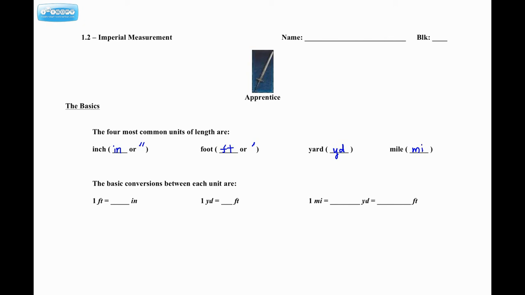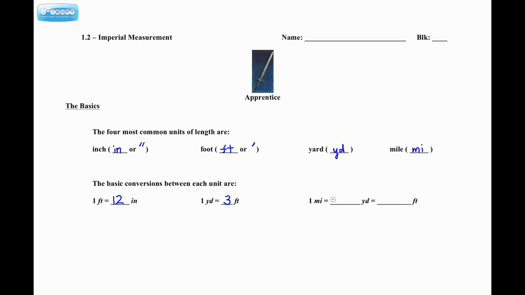Okay. Now, there are some basic conversions. Some of these you should already know. So 1 foot, how many inches? Well, we've all been to Subway. That's 12 inches. If you know anything about football, 1 yard, you should know that that is 3 feet. Now, you might not know these ones, or maybe some of you do. 1 mile is equivalent to how many yards?